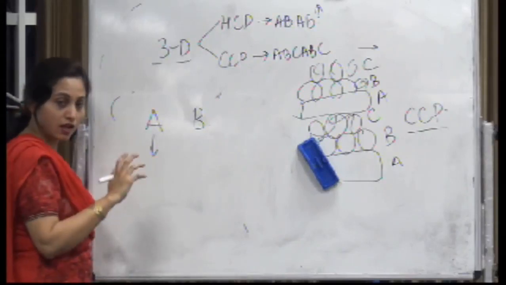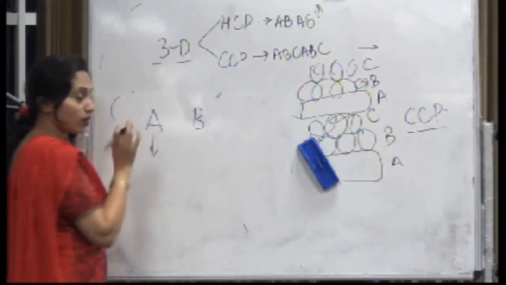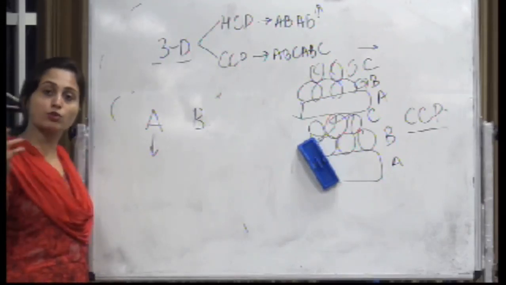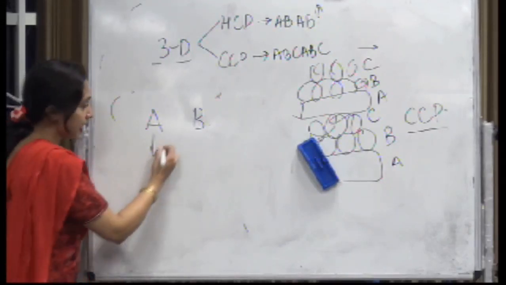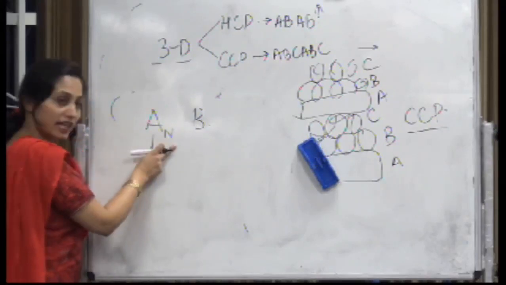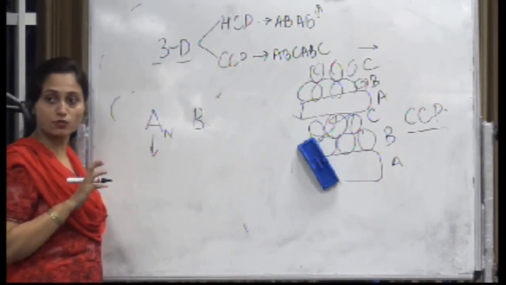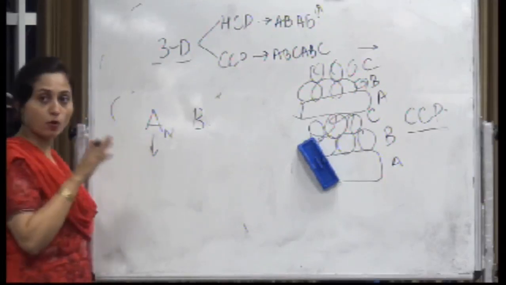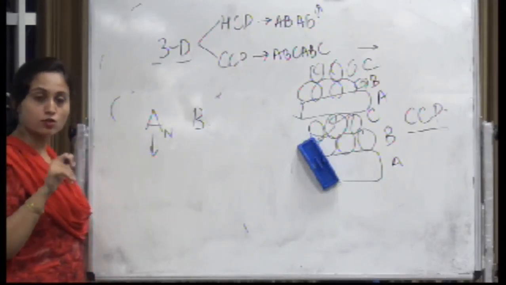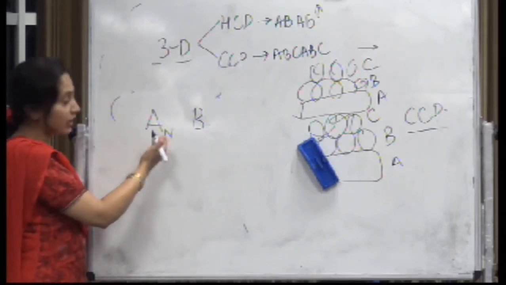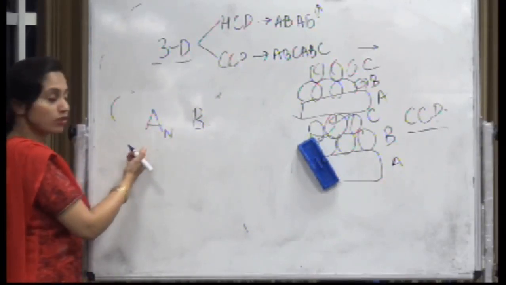It is the same thing. If I said A is occupying all the lattice positions, then the number of lattice positions will be equal to the number of atoms. So the number of A atoms will be n, because the question that I stated was that A occupies all the lattice positions. So A occupying lattice positions means the number of A atoms is n, because lattice positions will always be equal to the total number of atoms.